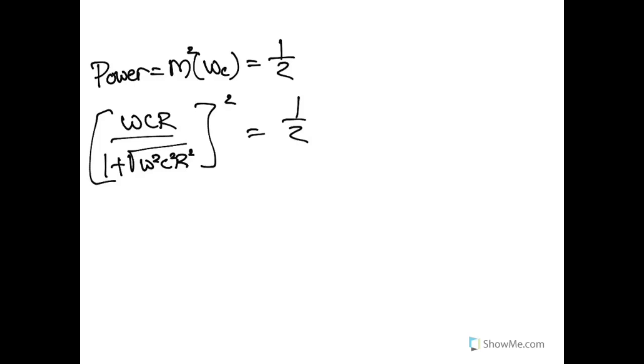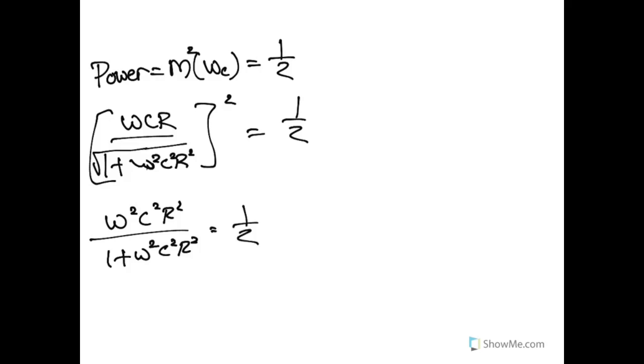If we square all of our components, we get w squared C squared R squared over 1 plus w squared C squared R squared equal to 1/2. When you rearrange all this, 2 times this large expression is equal to 1 plus this expression again.